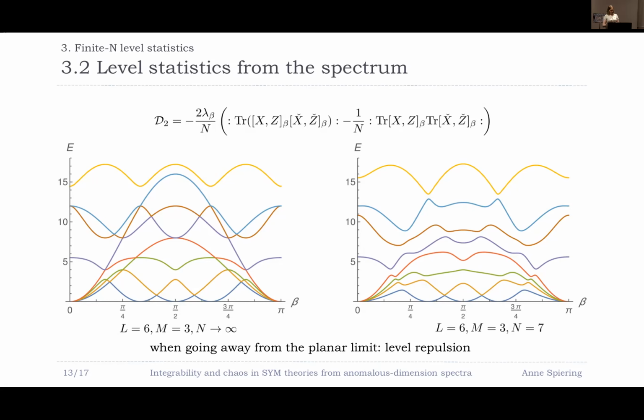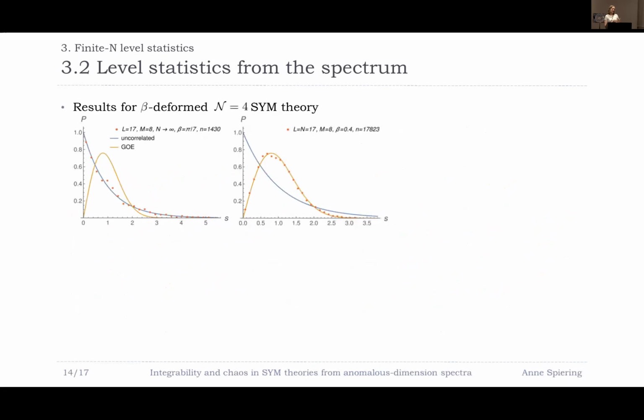And to be a bit more quantitative, we again did a nearest neighbor spacing analysis. Here for the beta-deformed theory, this is again in the planar limit, where the spectrum is well described by the Poisson distribution. And then at finite n, we find this. And so here the spectrum is described by random matrix theory, so pointing towards the chaos of the theory.